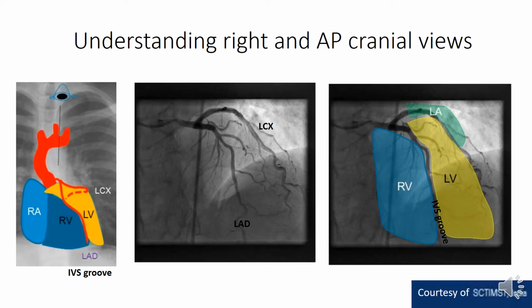It is pathognomonic. When you see it, it is either epicranial or right cranial view. As we discussed before, when we are dealing with cranial view, the circumflex follows the LAD, so the upper one is circumflex.